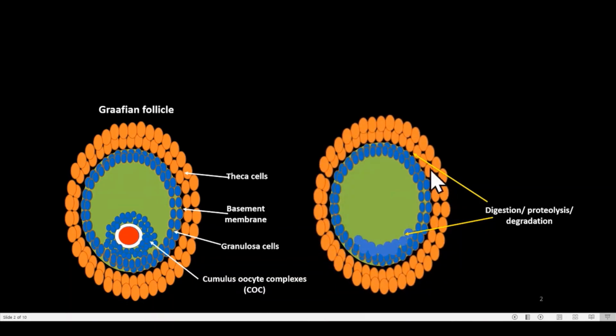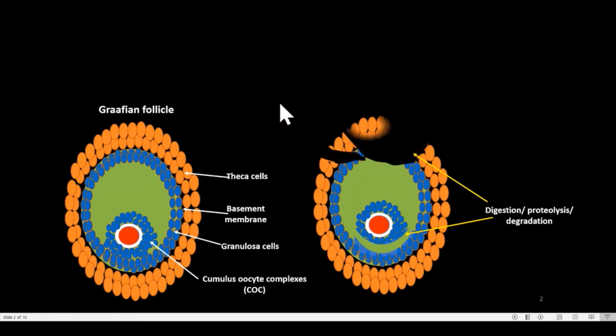We have the Graafian follicle, and at the time of ovulation there is an LH surge, and the follicular cells secrete proteases which digest the protein and the cellular matrix in the superficial part of the ovary.